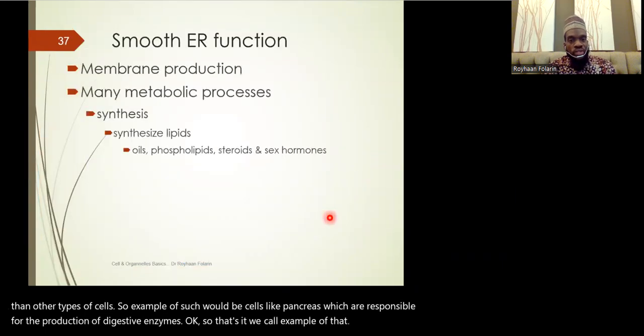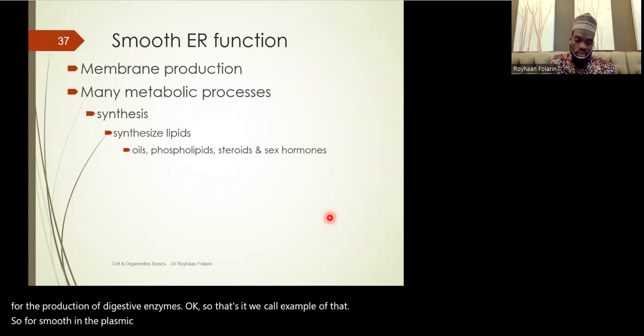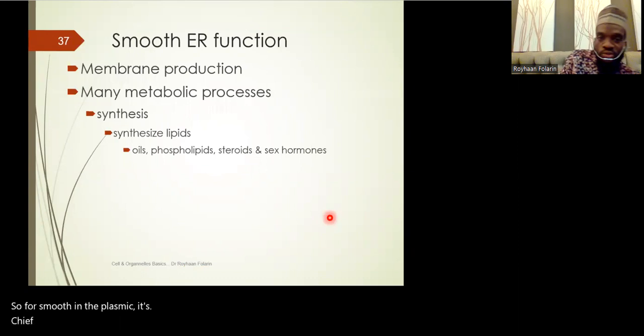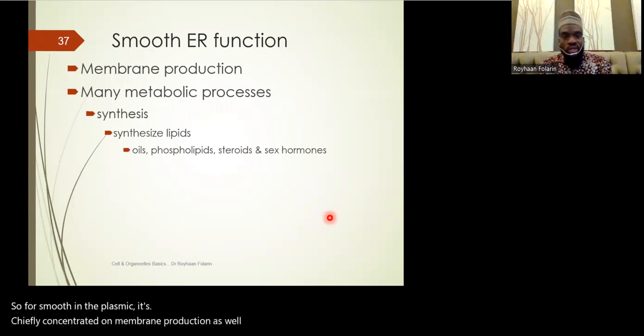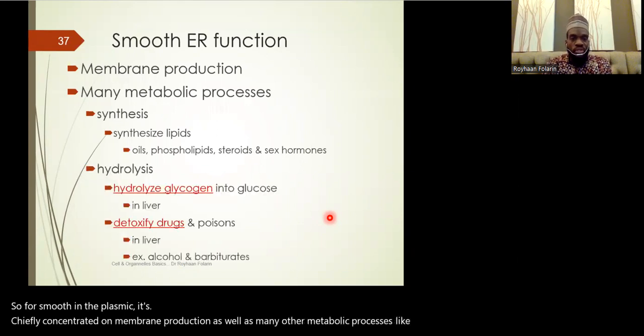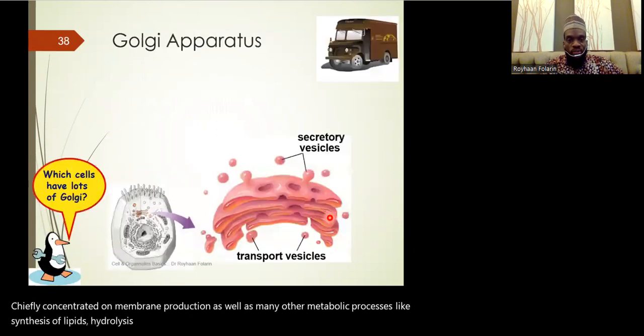Yeah, so for smooth endoplasmic reticulum, it's chiefly concentrated on membrane production, as well as many other metabolic processes like synthesis of lipids, hydrolysis, amongst others.